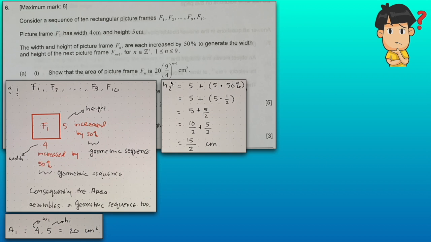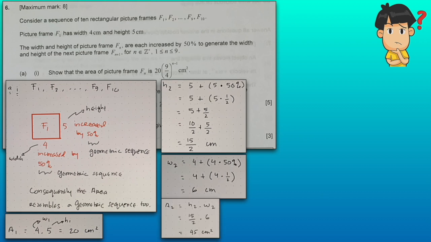Let's find height number 2. That's equal to 5, the initial height given here, plus 5 times 50%. That gives us 15/2 centimeters for height number 2. And likewise, width number 2 is equal to the initial width, 4 centimeters, plus 4 by 50%, and that gives us 6 centimeters.